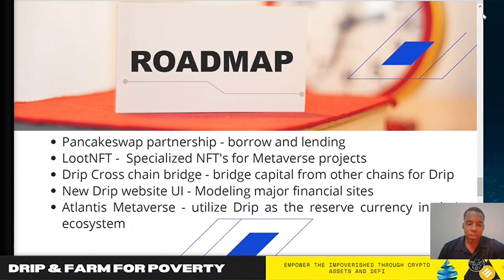There will be a Drip cross-chain bridge to allow capital from other chains to be used to purchase Drip. There's a new Drip UI to overhaul the existing website so that it will model more of the traditional financial websites that you're familiar with. And there's this Atlantis metaverse that will utilize Drip as the reserve currency in their ecosystem.